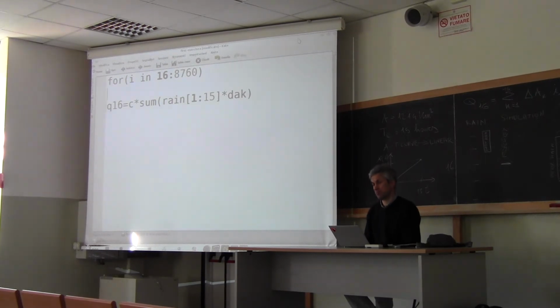But here, there is a problem that I don't have just an instruction after the for. I have a sequence of instructions. Or let's say that it could be also just one, but let me introduce to you how to structure the script, how to write the script when you have more than one instruction that is to be repeated within the for cycle.